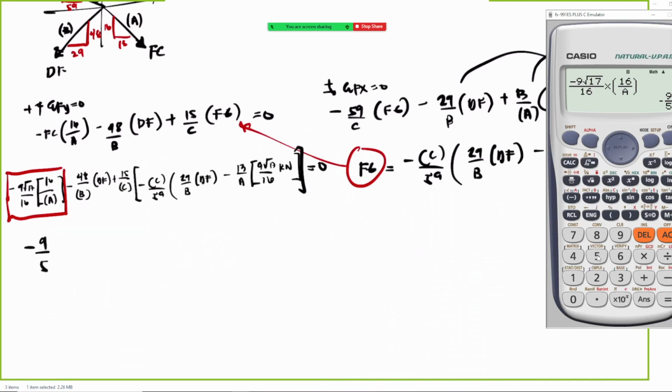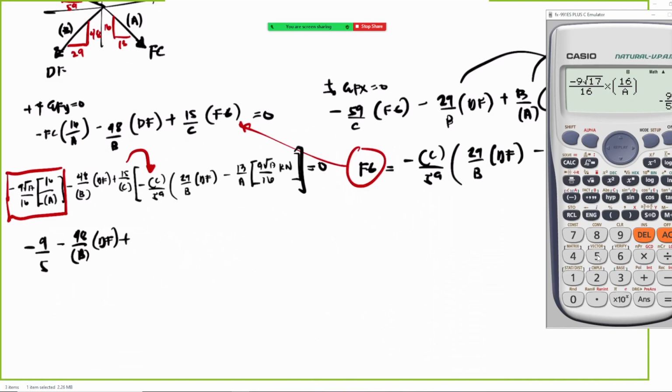Okay? And then retain, that is 48 store B DF, and then plus. What we can do is this one. Tama?